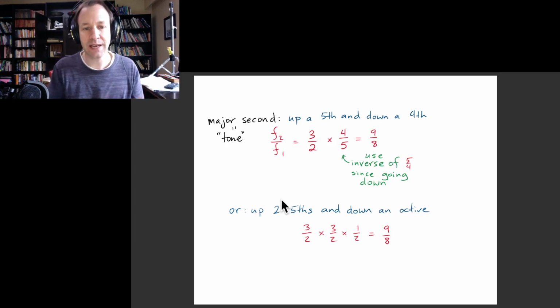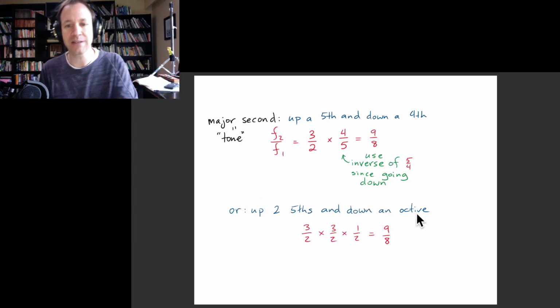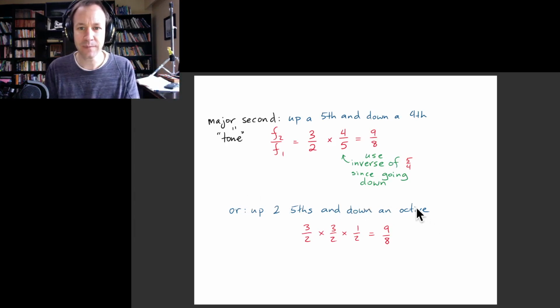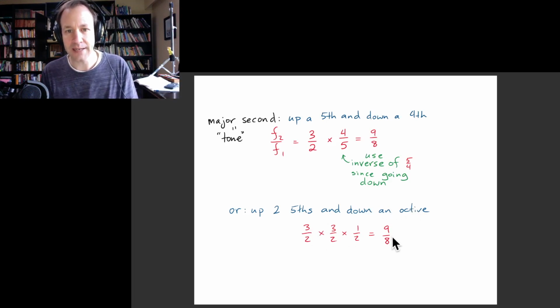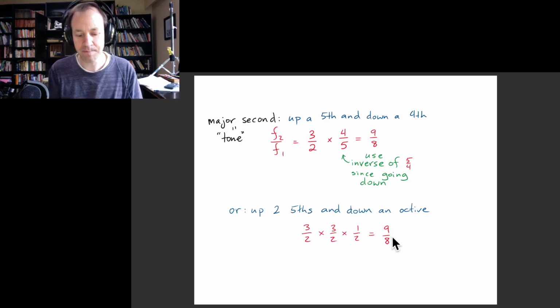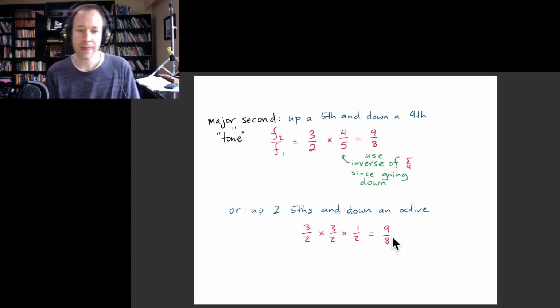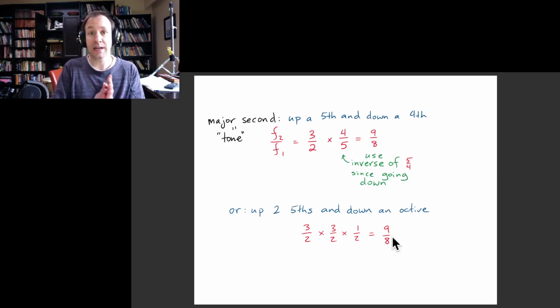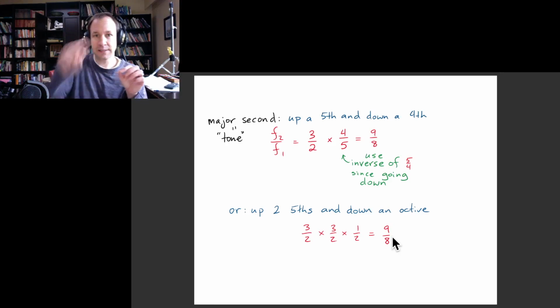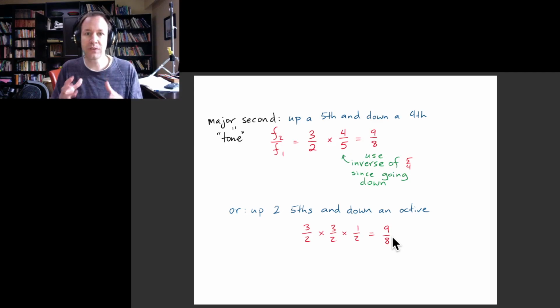Or the one we just calculated, up 2 fifths and down an octave. That would also give you 9/8. So both of those things are the same. And so that defines the tone, which is a very common step when we're talking about musical scales.